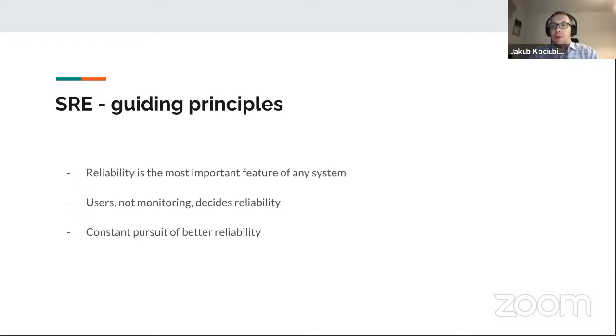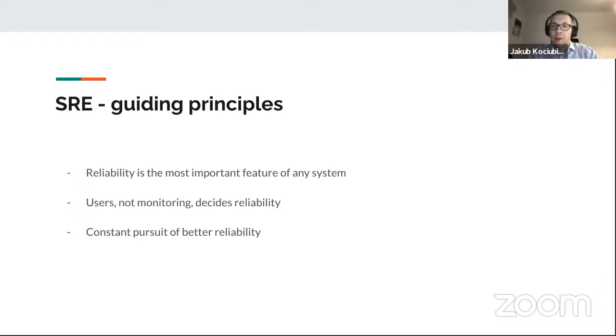Now, what does reliable mean in that case? Well, what we need to acknowledge here is that reliability is decided by the user. So it doesn't matter what your monitoring tools say. It doesn't matter how many CPU cycles you have left, or memory, or network.